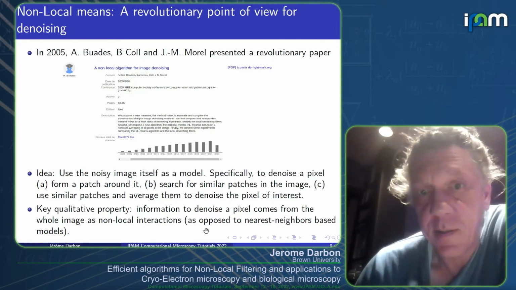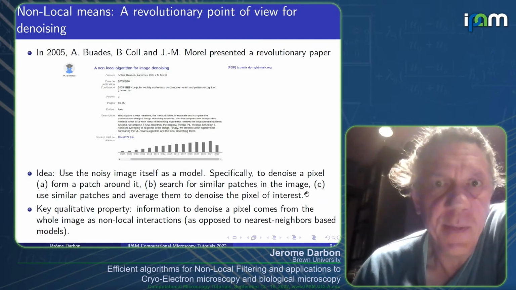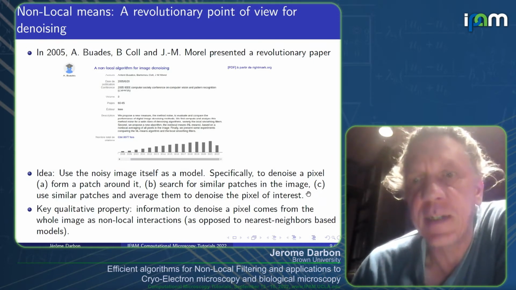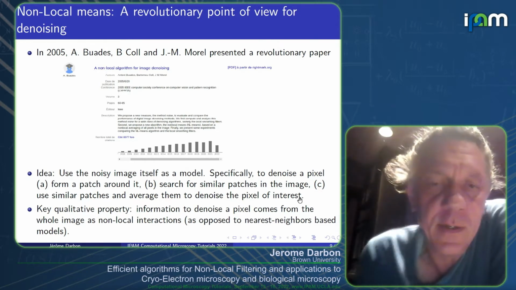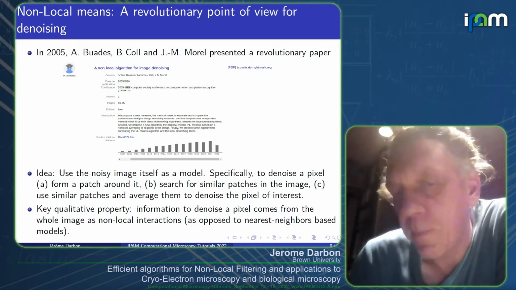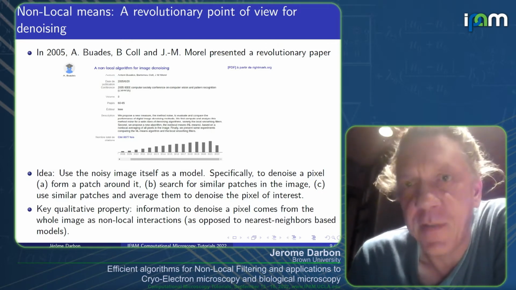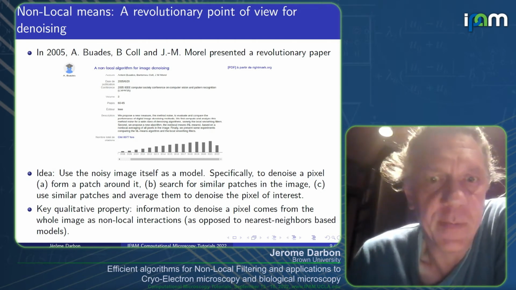So in that sense, you are looking at similar patches in the image, so it is non-local. And how you do the denoising, once you have those patches, you simply do an average. Thus, the name non-local means for image denoising.